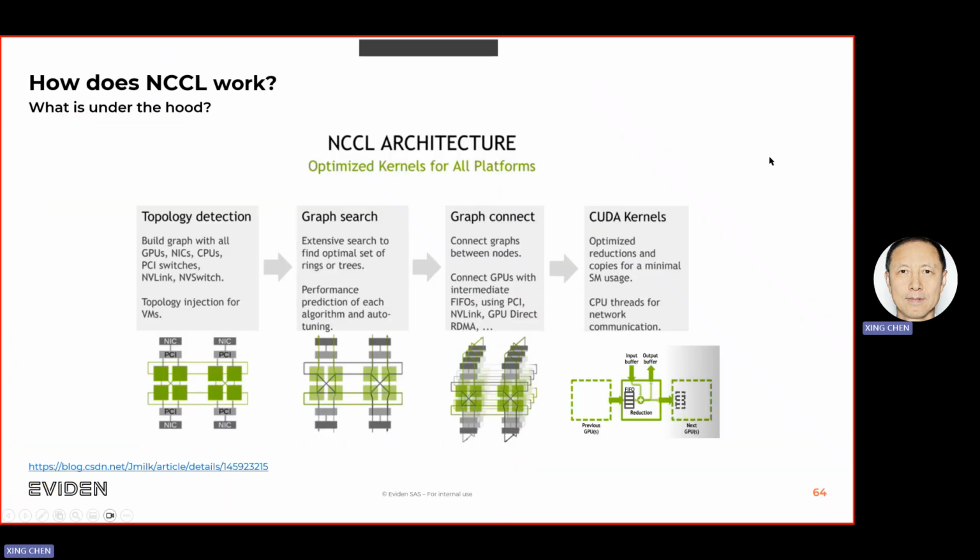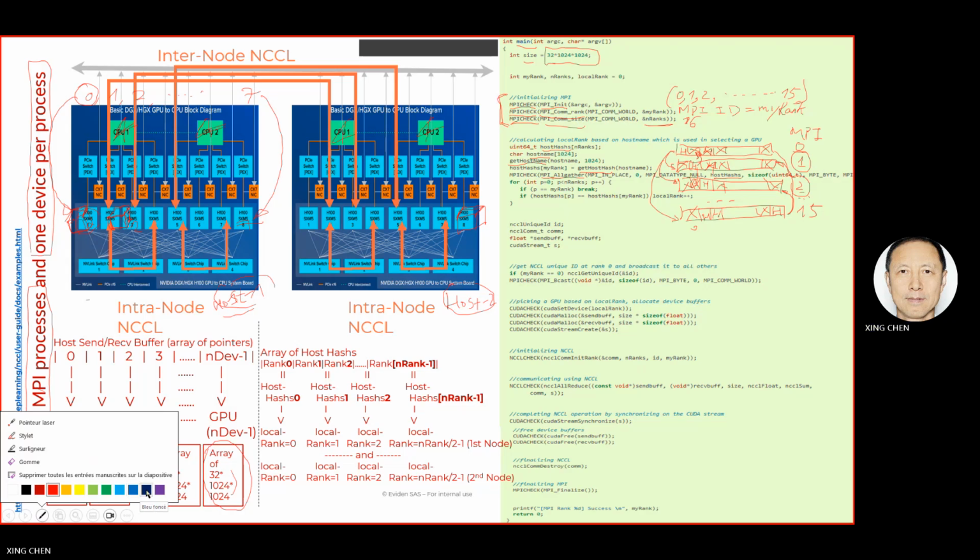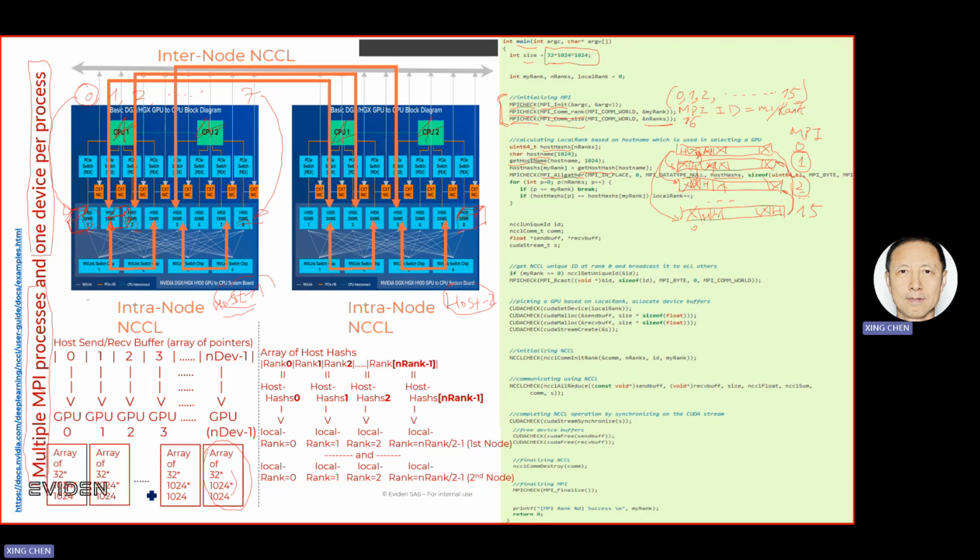So after this has been done, each MPI process is going to have a one-dimensional array with 16 elements, and each element is a valid host hash of the host name that an MPI process is running on.